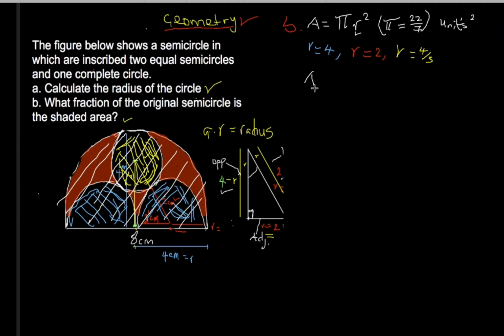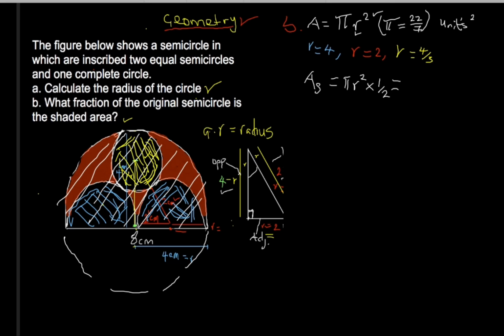The area of the original semicircle is equal to pi r squared times 1/2. Why? Because this is a half circle. If this circle was drawn completely, we would have used this formula to calculate the area. But since it's not drawn completely, we divide it by 2 to get the area of our semicircle.